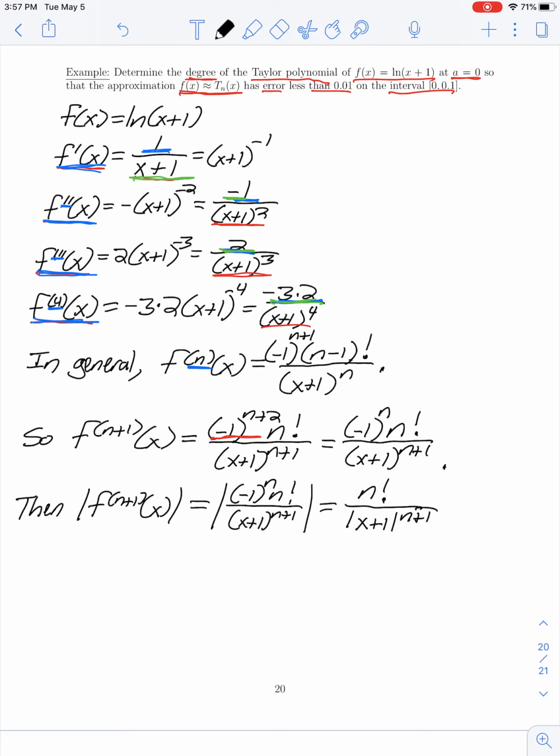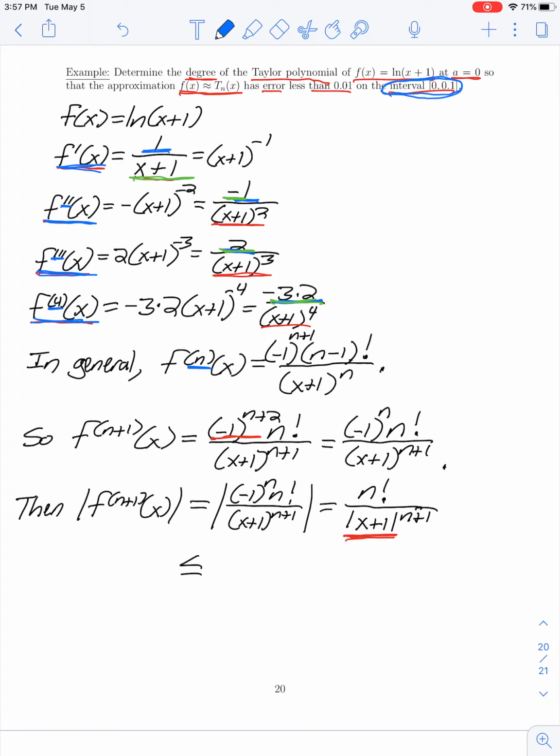Now again, to make this quantity as large as possible and find the value of m, we want to divide by the smallest value possible. So to minimize the value of x plus 1, we want to choose the smallest value of x on the interval we're considering.